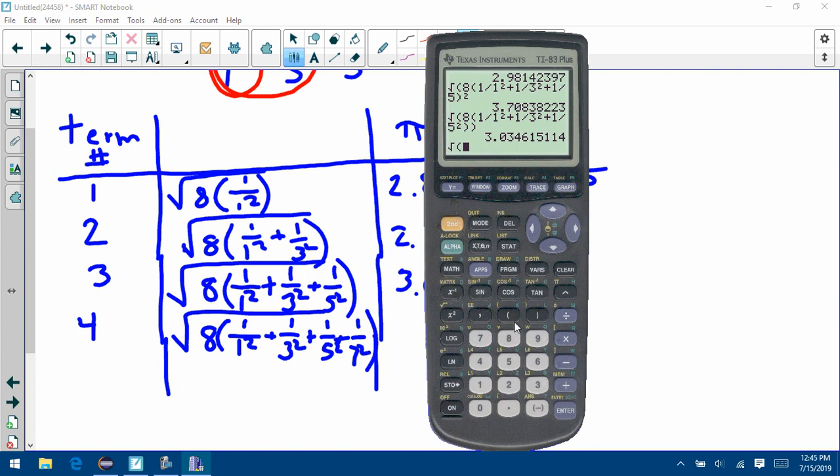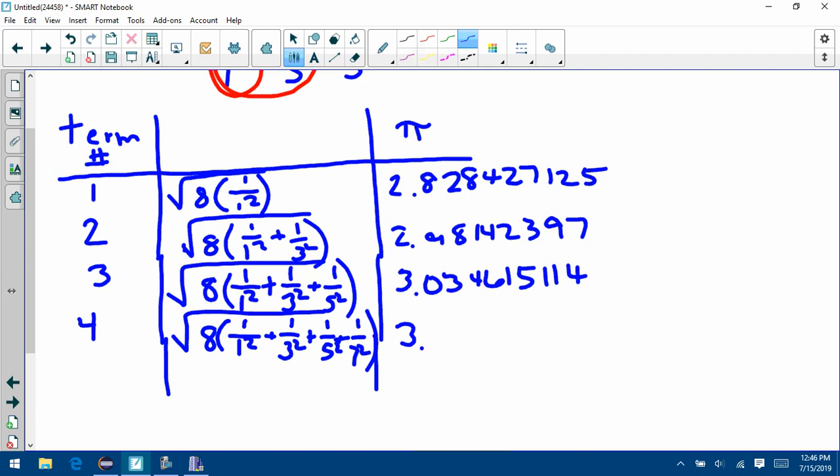Square root of 8 times 1 over 1 squared plus 1 over 3 squared plus 1 over 5 squared plus 1 over 7 squared gives 3.061397425.